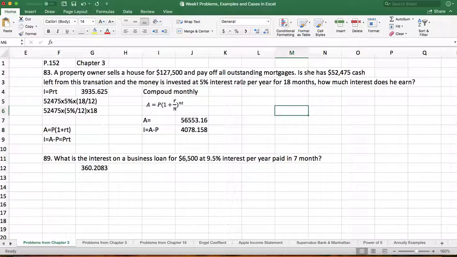Actually, this is a simple interest problem because it doesn't tell you that it compounds monthly, annually, or quarterly. So for calculating how much interest she earns, just use the simple interest formula. This one.